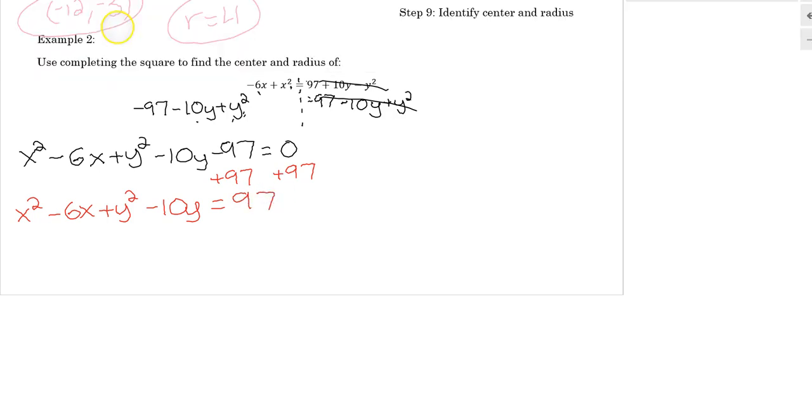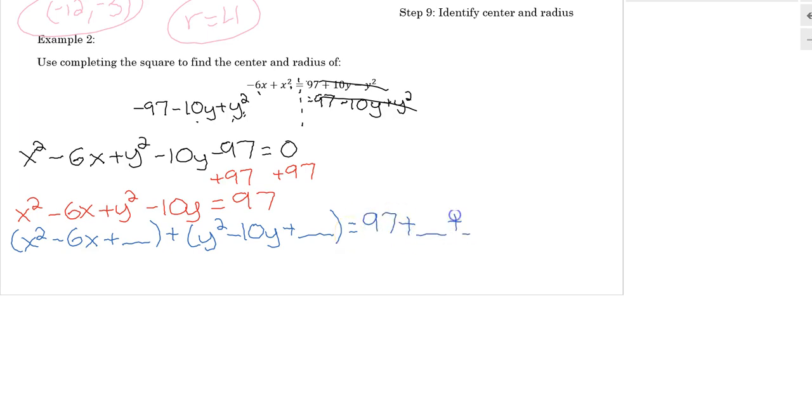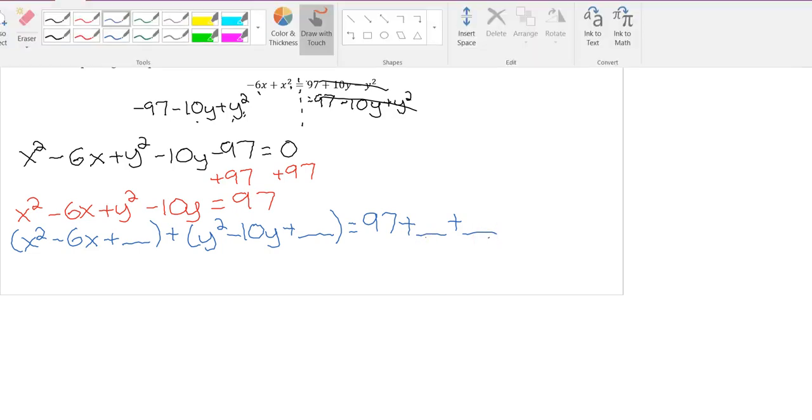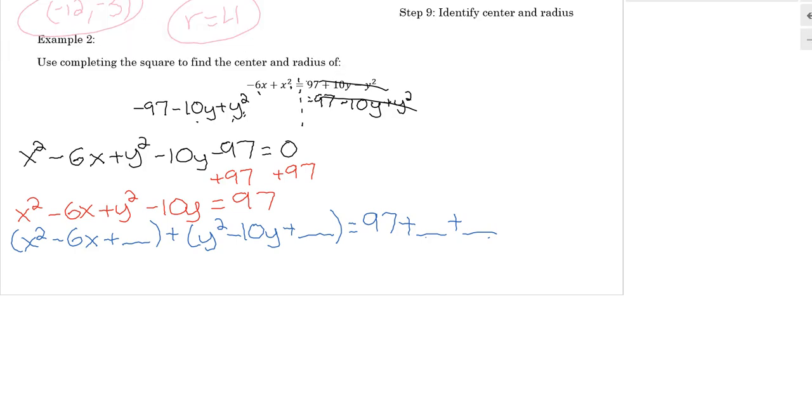Then rewrite it using the parentheses. Plus blank, plus y squared minus 10y plus blank equals 97 plus blank plus blank. All right, I need the blank here and the blank here. Then completing the square.